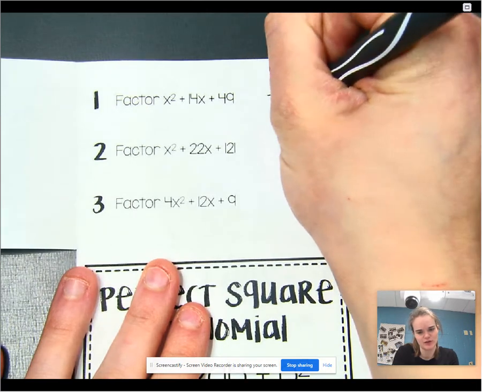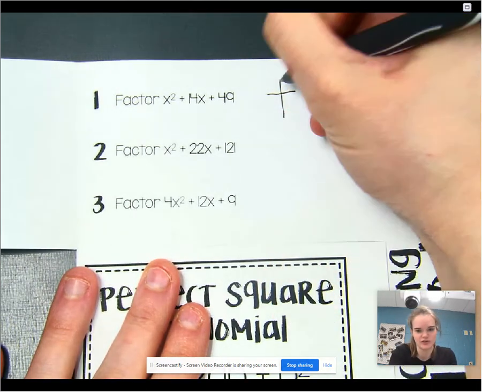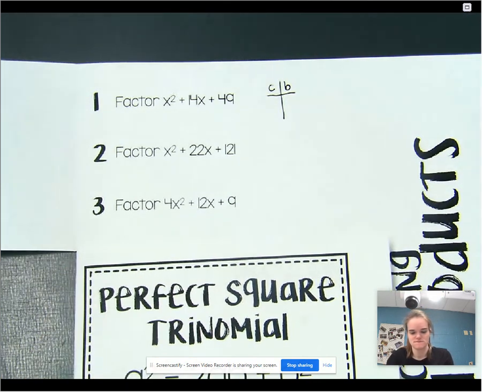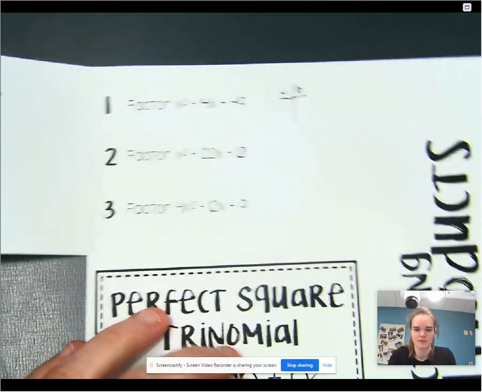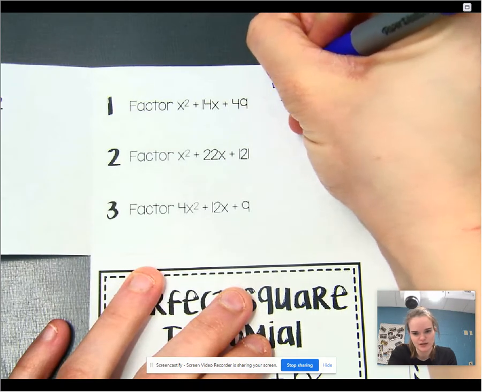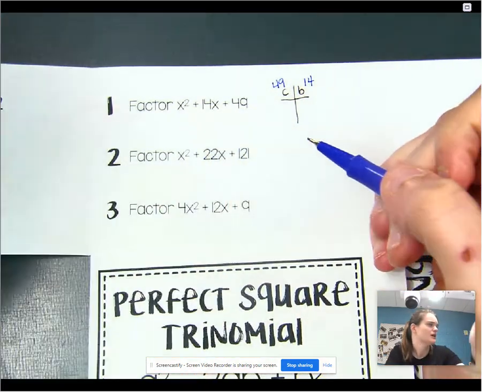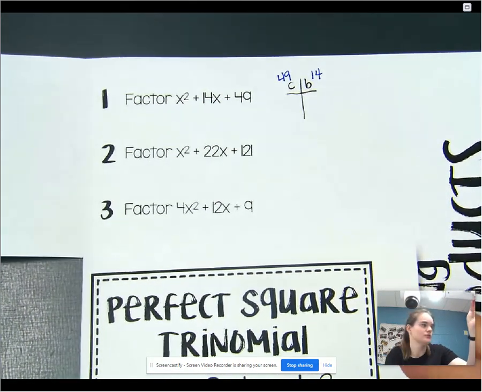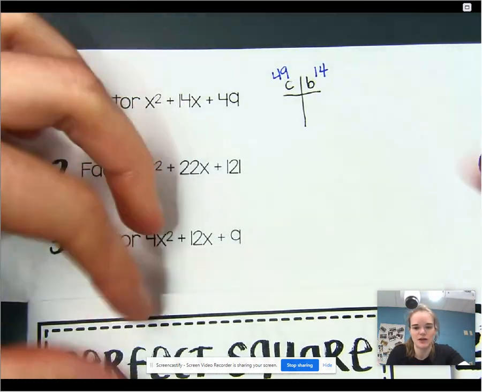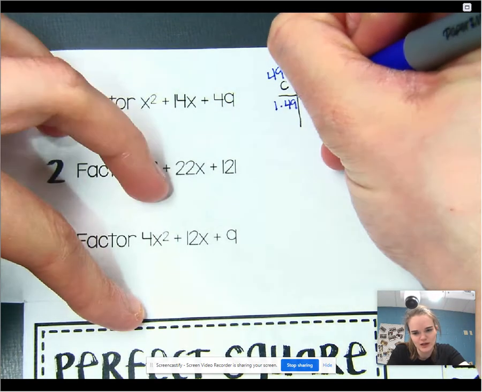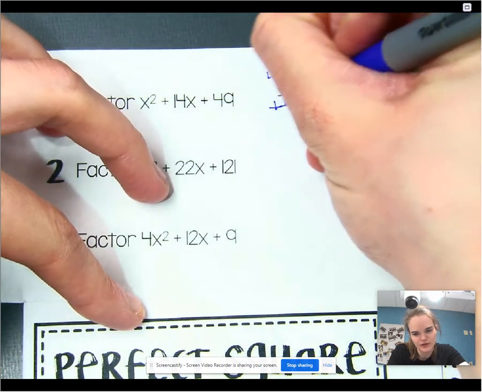making a table. Now, I'm not going to have to make a table for the rest of these, and you're going to see that. C and B. C is 49, B is 14. Notice I don't have a number in front. Okay, so here's how this works. So I could do 1 and 49, but 1 plus 49 is 50, so that doesn't work.